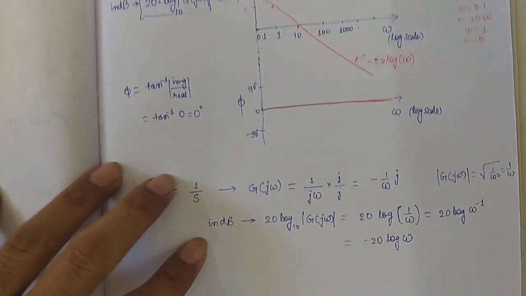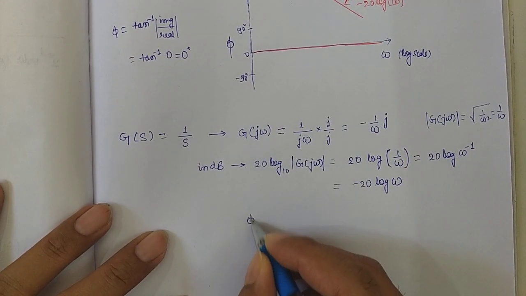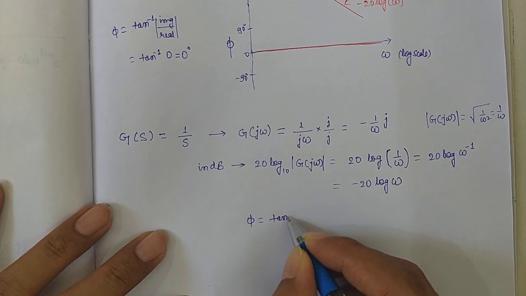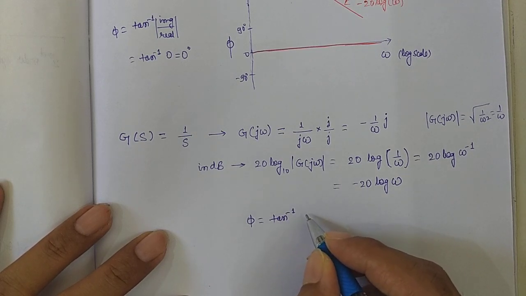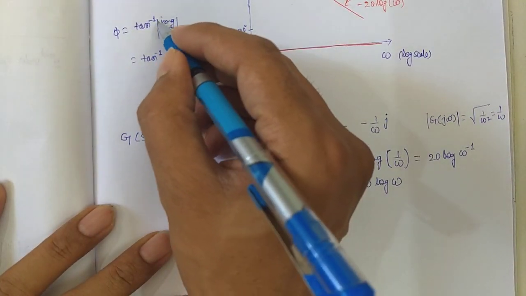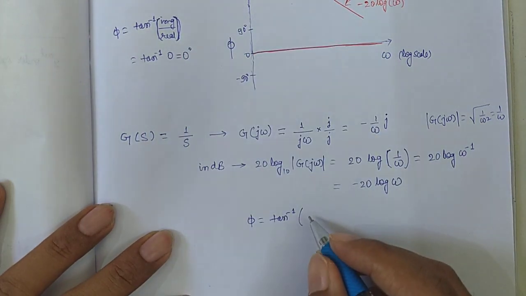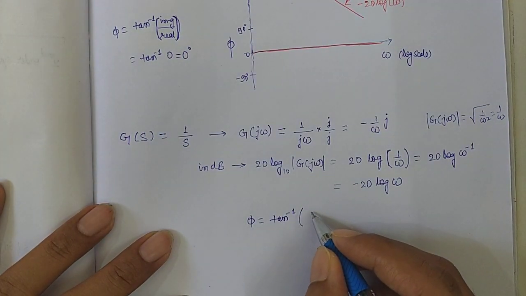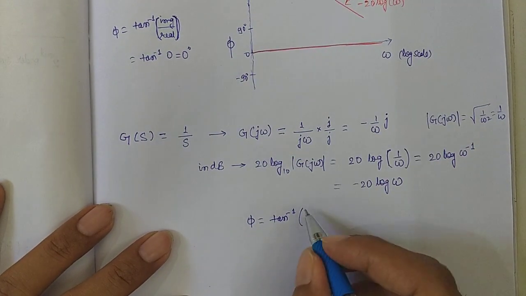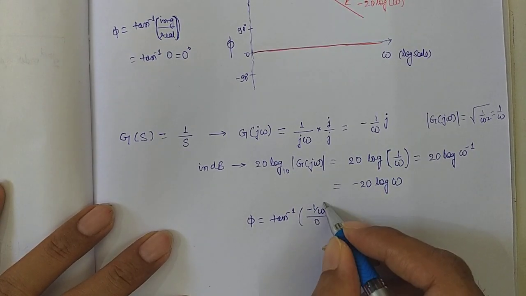So now let's talk about how your phi will change. Phi is nothing but tan inverse, and this will not be the mod here. Tan inverse of the imaginary part, which is minus 1 upon omega, divided by 0.